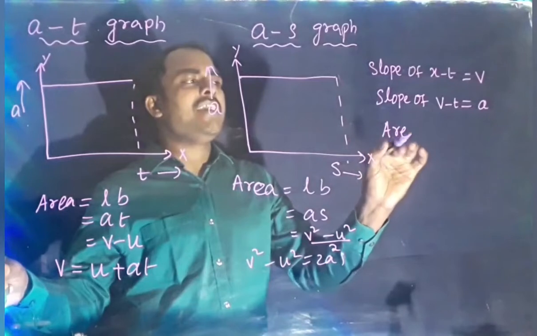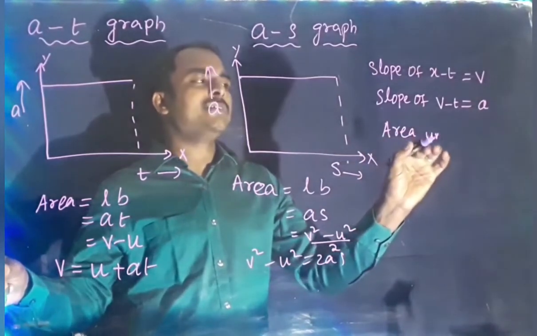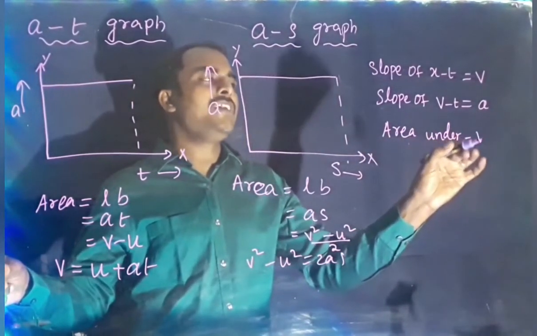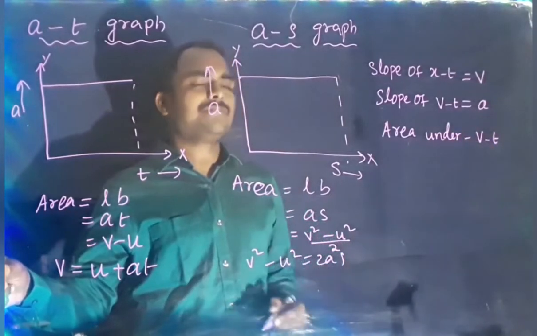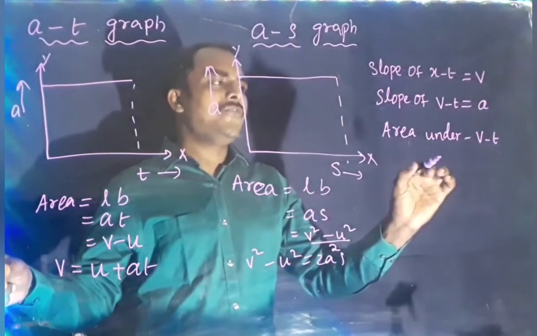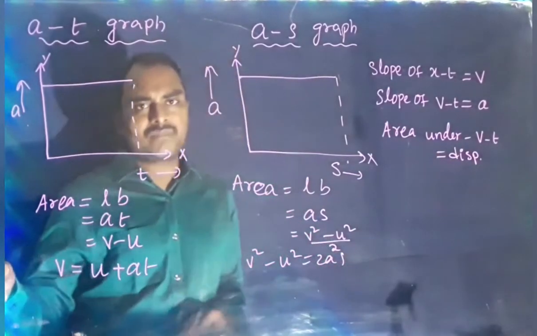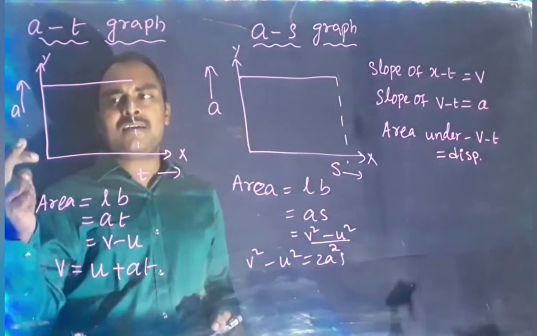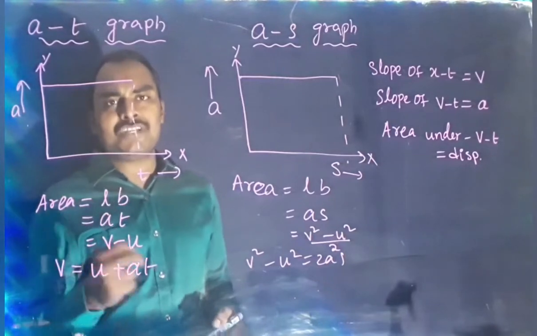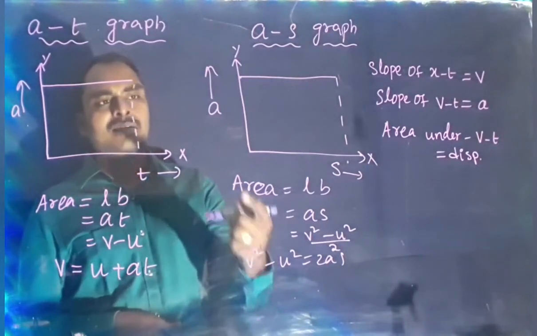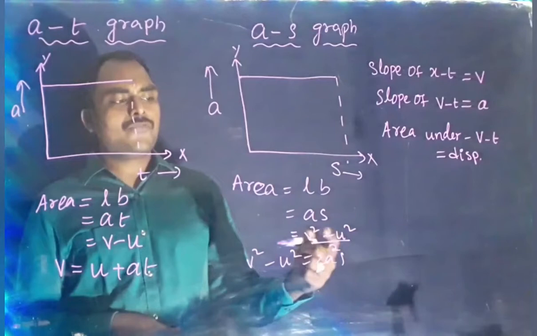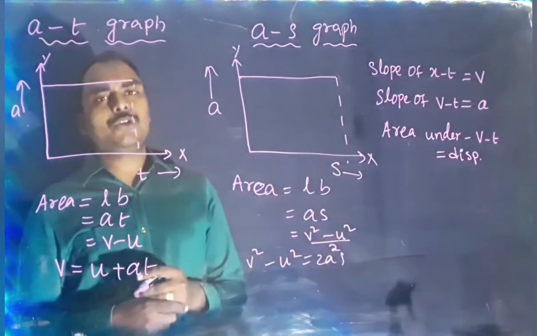Next, the area under the vt graph gives displacement. Next, the area under the at graph gives change in velocity. The area under the as graph gives v square minus u square by 2.